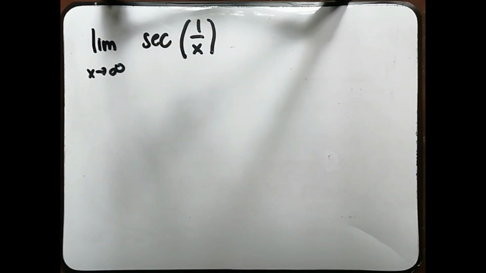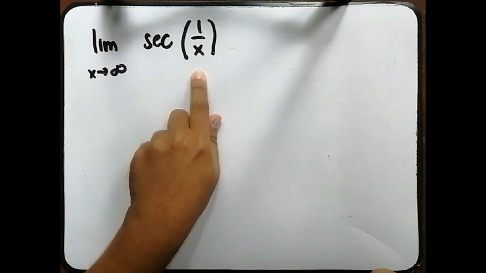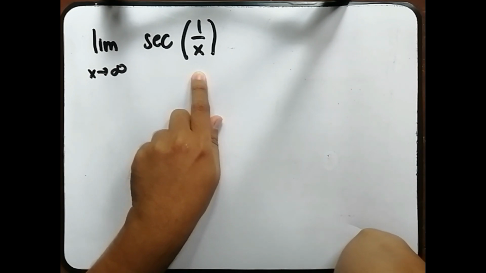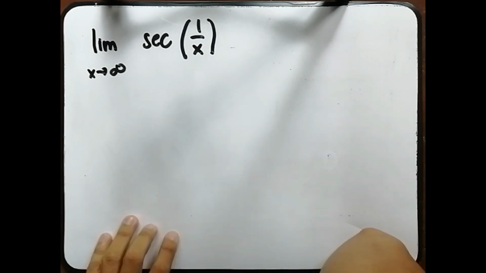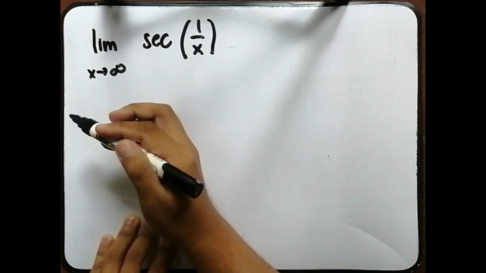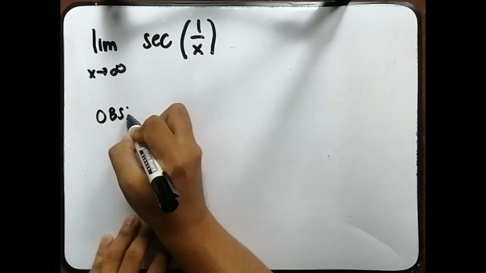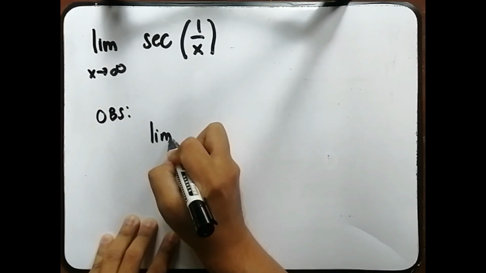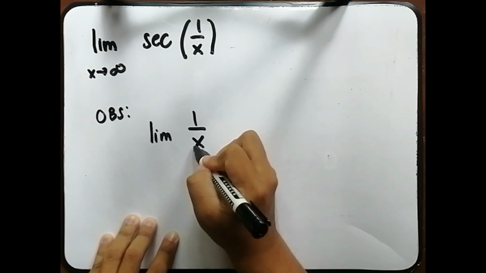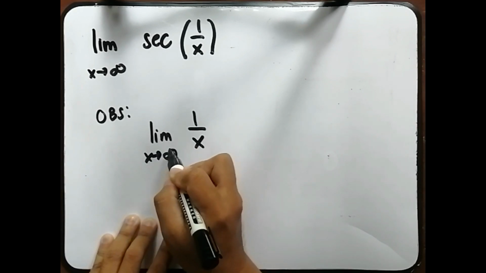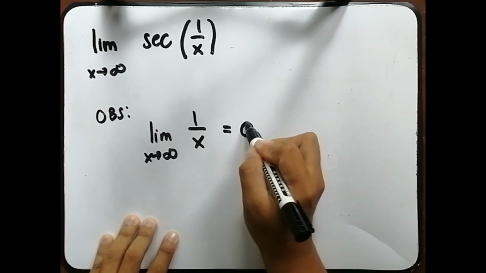Minsan, yung argument ng ating trigonometric function is hindi lang kasing simple ng x. Okay? For example, in this case, we are evaluating the limit of the secant of 1 over x as x approaches infinity. Okay? Observe that the limit of 1 over x as x approaches infinity is equal to 0.